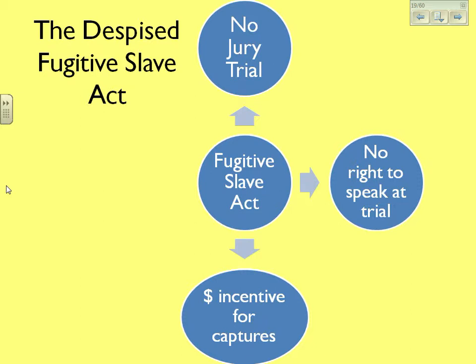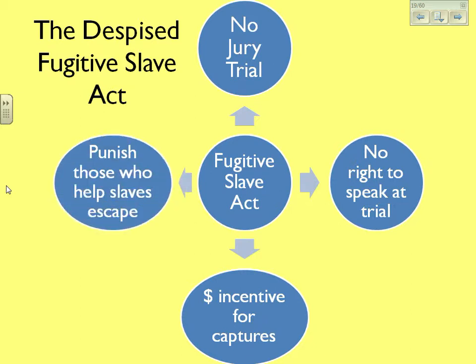But you're putting in that money incentive, so now a lot of people are saying, hey, I can earn some money. I can go accuse people, and even if they're not guilty, they don't really get much of a trial. So you are going to get cases of free men being sent into slavery.